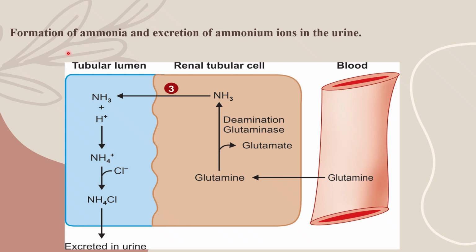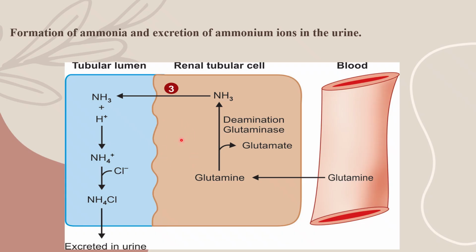The next is formation of ammonia and excretion of ammonium ion into the urine. If there is a lot of production of ammonia in the blood, that is to be excreted out. So how is it being excreted out? Ammonia in the tubular lumen is combined with H plus ion. H plus ion can come from carbonic acid via its ionization.